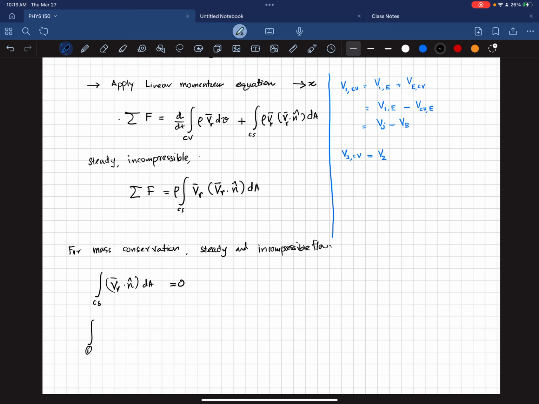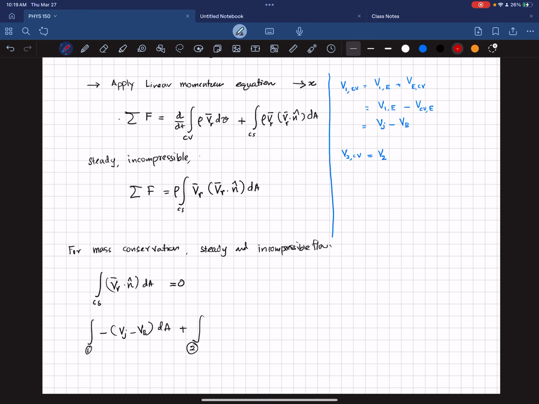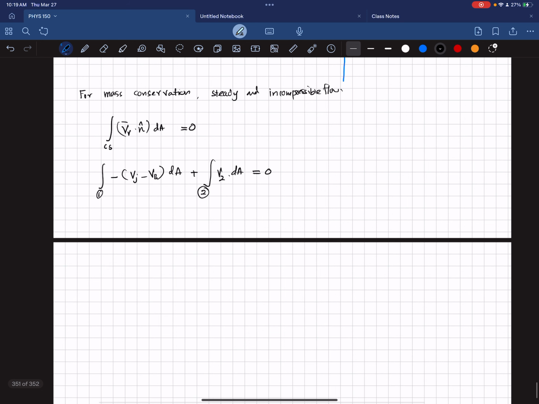So that's going to be a negative Vj minus Vb dA, plus at cross section 2, the unit outward normal vector and velocity are both in the same direction. So this is going to be just V2 dA. Both of these velocities, Vj minus Vb and V2, are uniform under the assumption of uniform velocities. Then it's going to be negative Vj minus Vb Aj plus V2 A2 equal to 0. So we can get V2 is equal to Vj minus Vb. We need that.